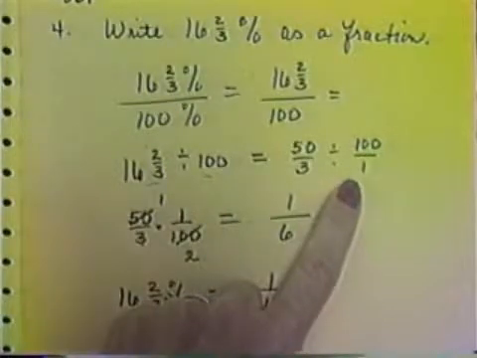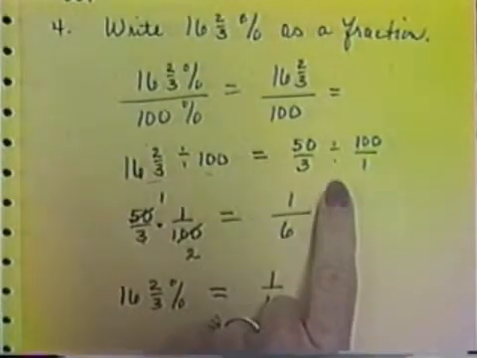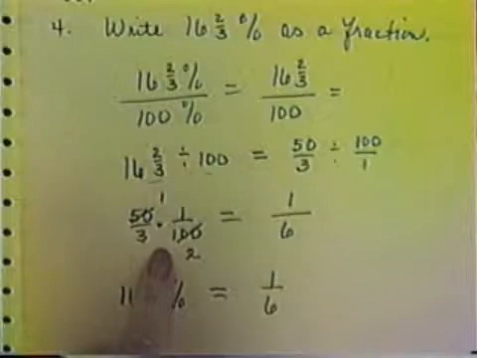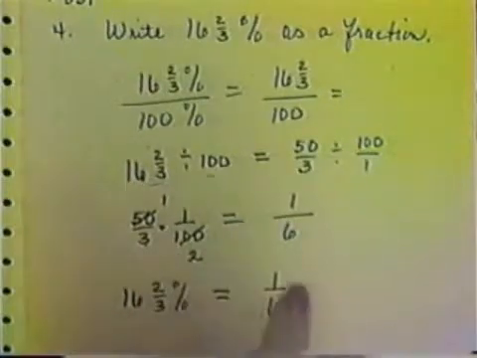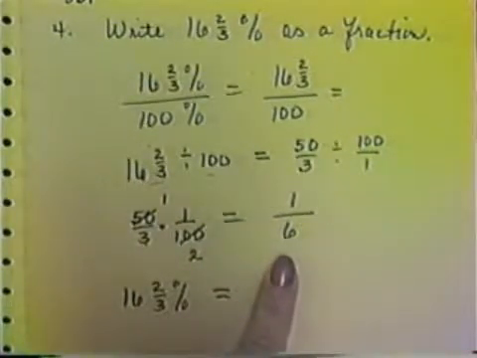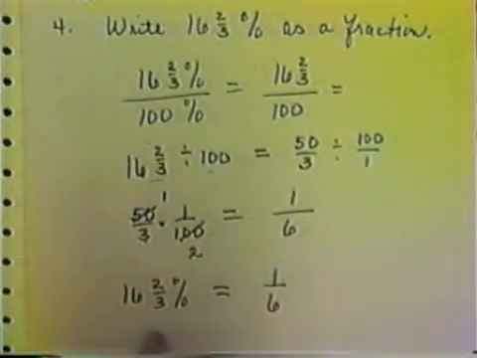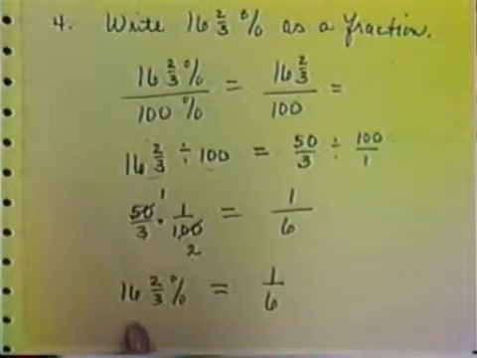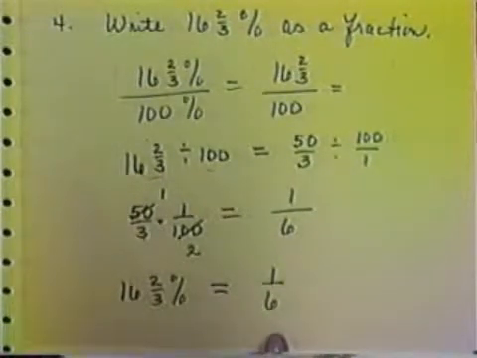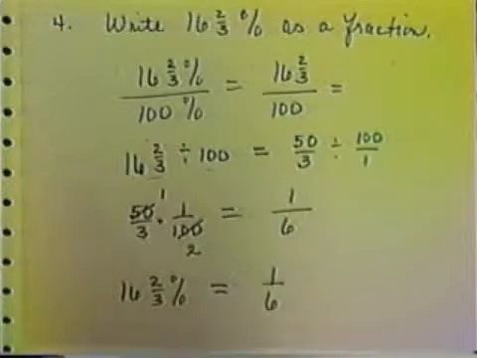Divide by 100. Change the division to a multiplication problem by multiplying by the reciprocal, and then reduce to lowest terms. This gives us that 16 2/3% is equivalent to 1/6.